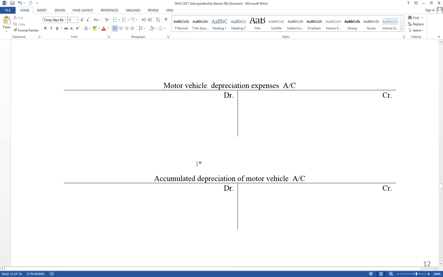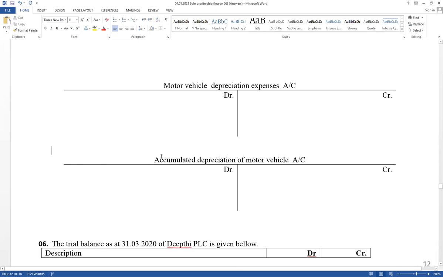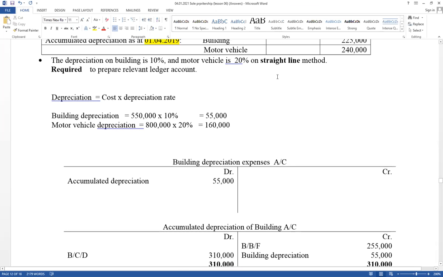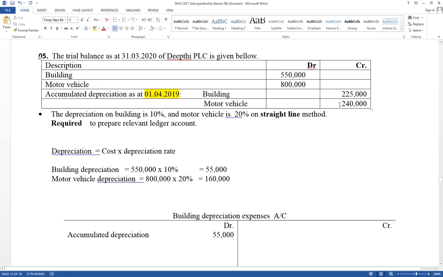First one, take the balances. It has given in the trial balance. Accumulated depreciation of motor vehicle balance equal 240,000. This is the opening balance. And annual depreciation equal 160,000. From the beginning, this value should be included as a balance brought forward 240,000.